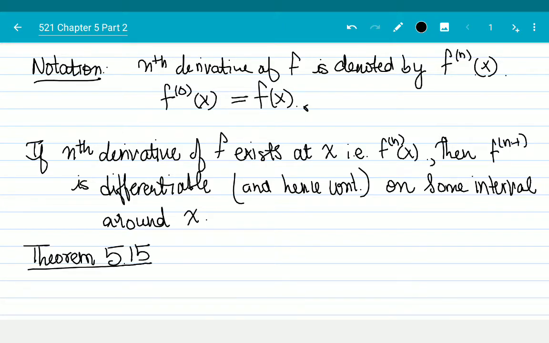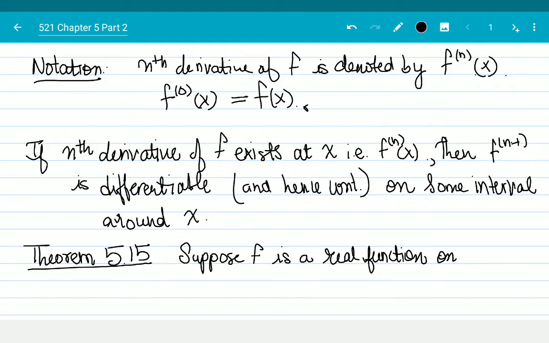Suppose f is a real function on [a, b] and n is a positive integer.